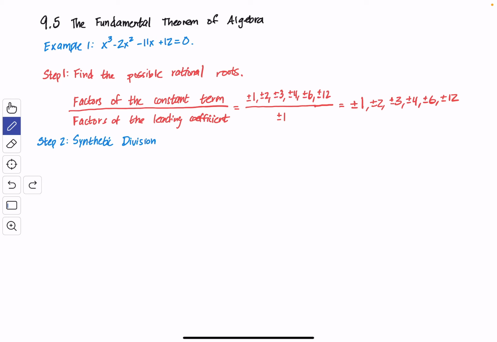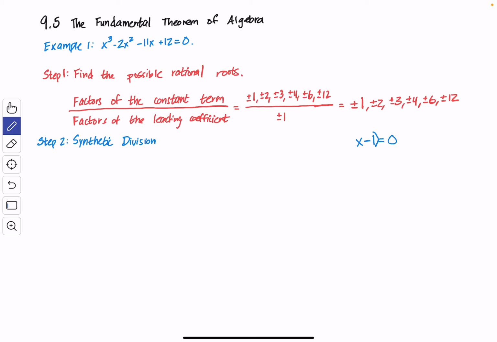We know that there's only going to be 3 because that's the greatest exponent in the problem, but we don't know which 3. So we need to start testing them. The first thing I'm going to do is test positive 1. If positive 1 is one of my x answers, it must have come from something like x minus 1 equals 0.